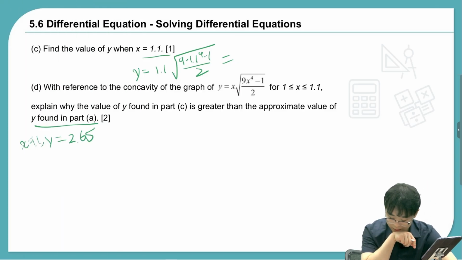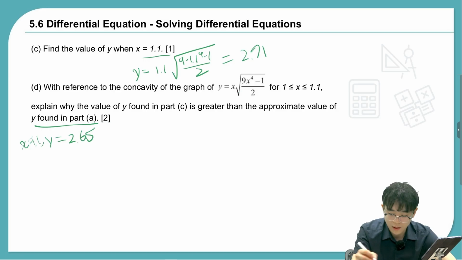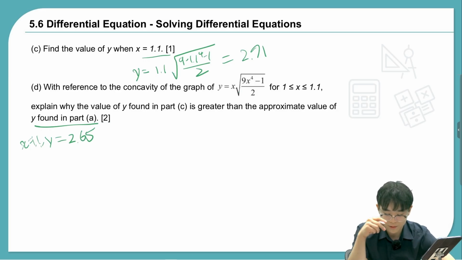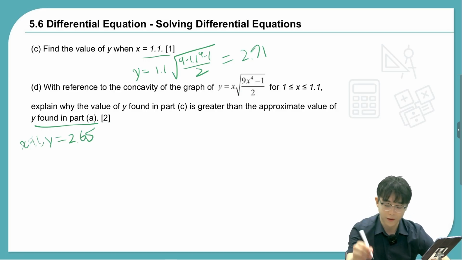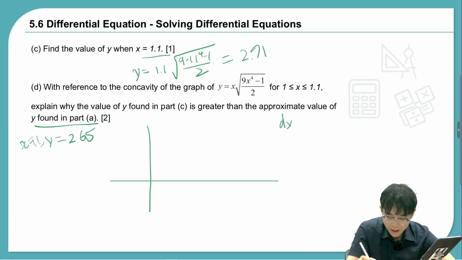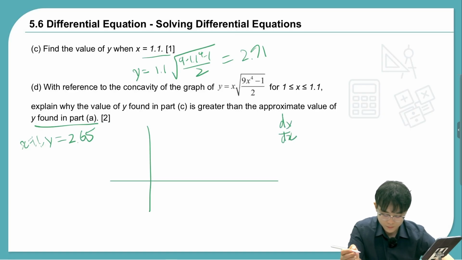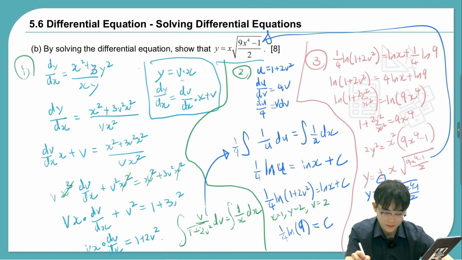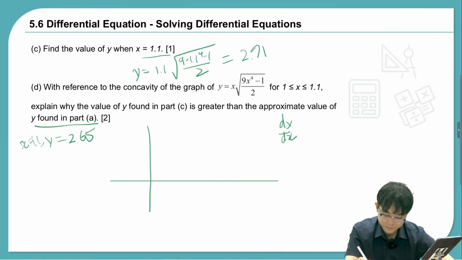So it gives us like 2.71422 or 2.71-ish. So our value is slightly higher than what we found in A. And that has to do with the concavity of this, right? So if you look at the graph of dy over dx, remember that it was x squared plus 3y squared over xy, right?